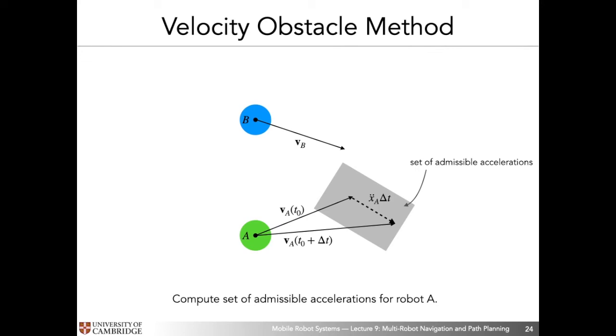What we want to do is plan a collision-free path given that we have this information. So what we're going to do now is assume that we know how the robot is allowed to move, right?